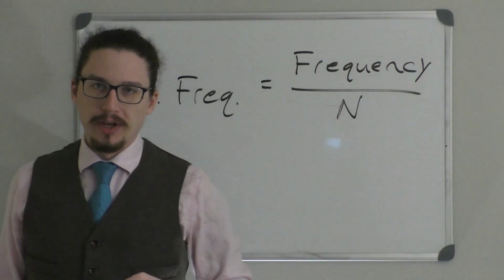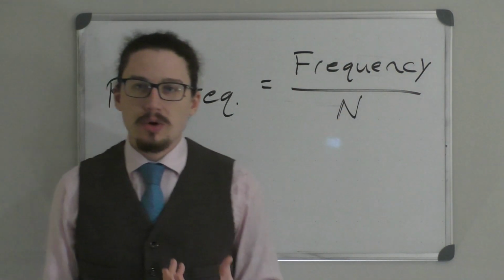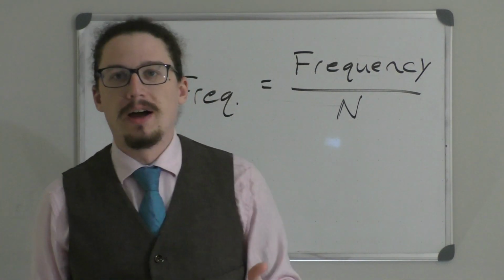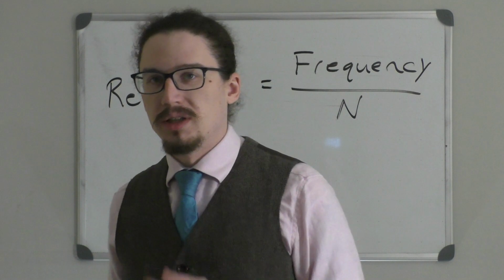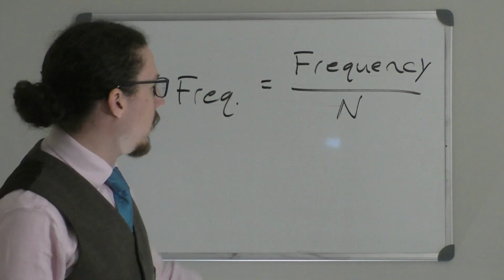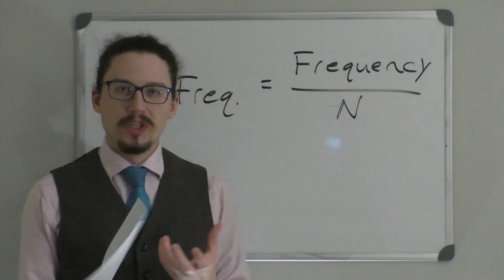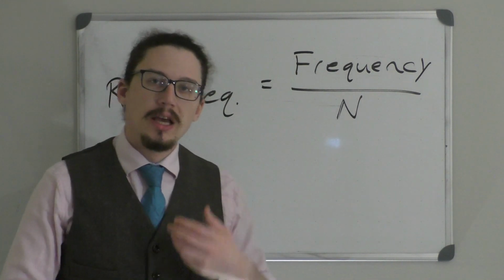So frequency is spelled out there. N is going to be used to notate either the population or sample size, depending on which we're dealing with. But in this case, we can just keep it to number of observations.